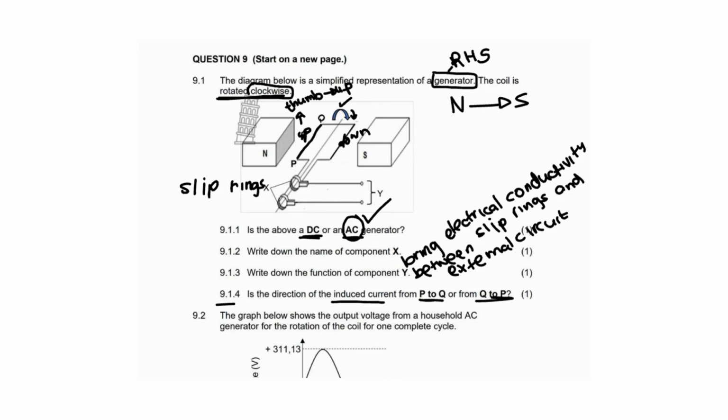So now you have your index finger pointing to the right because we are saying it's north to south, and then your thumb must point up. So if your thumb is pointing up and your index finger is to the right, on your right hand, your third finger must be pointing towards the screen.